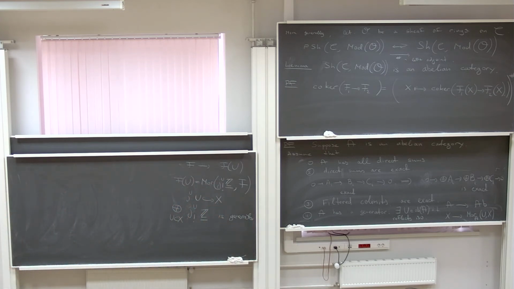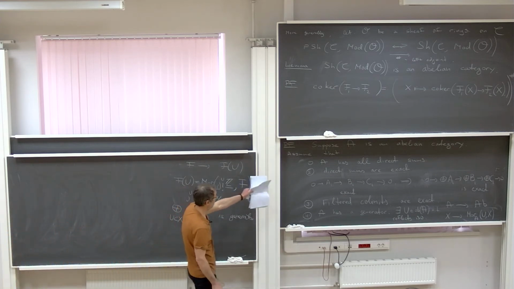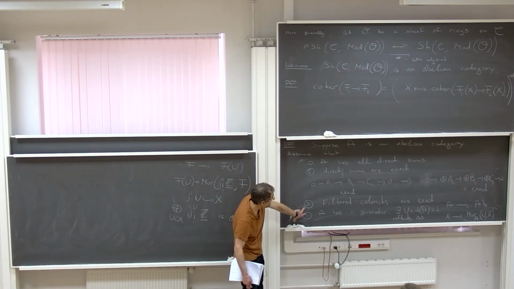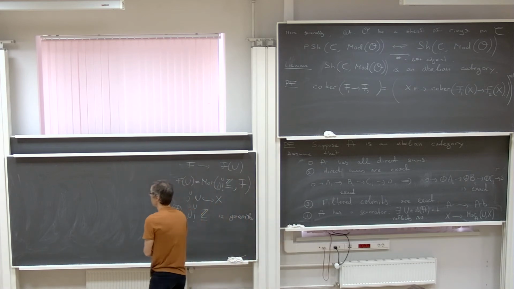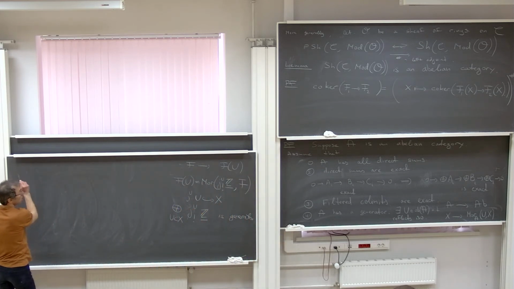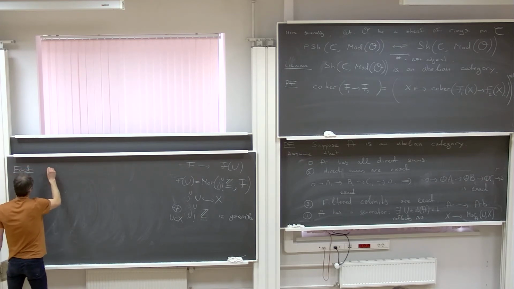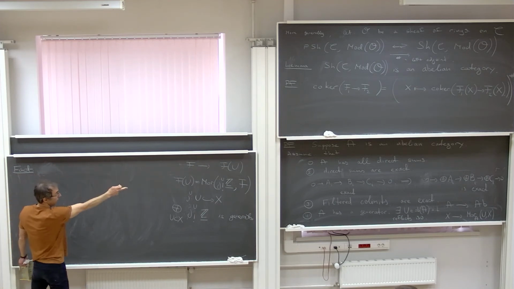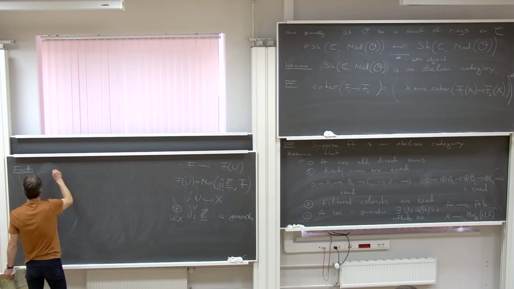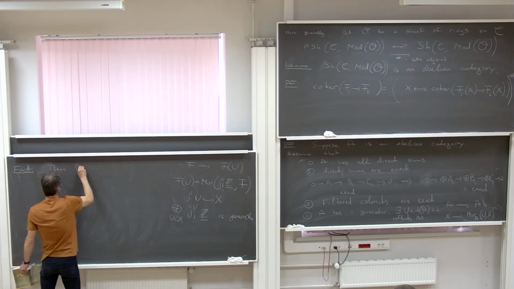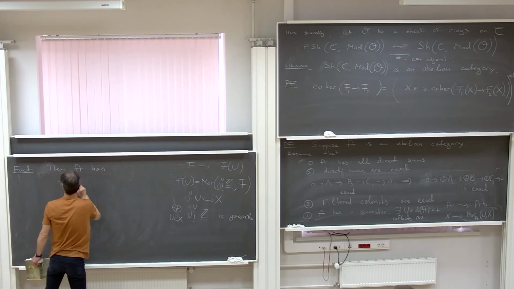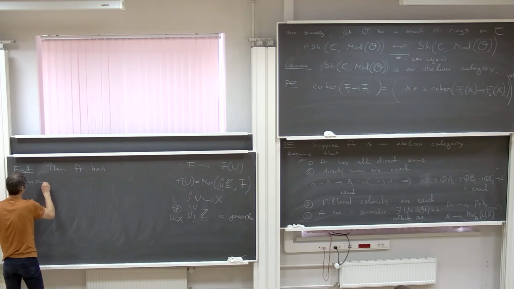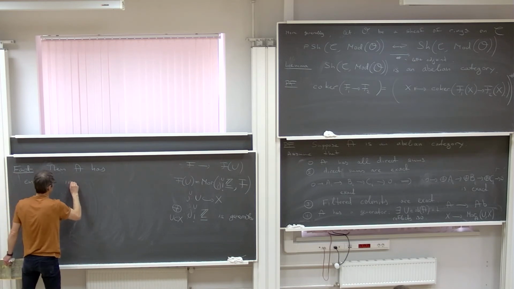So this is a list of properties of an abelian category A. And the fact is that if you have a category with all these four properties, then A has enough injectives.